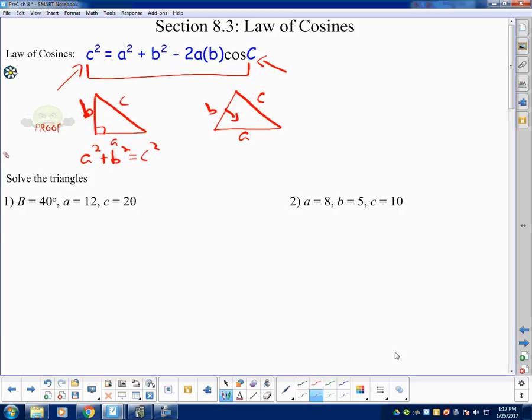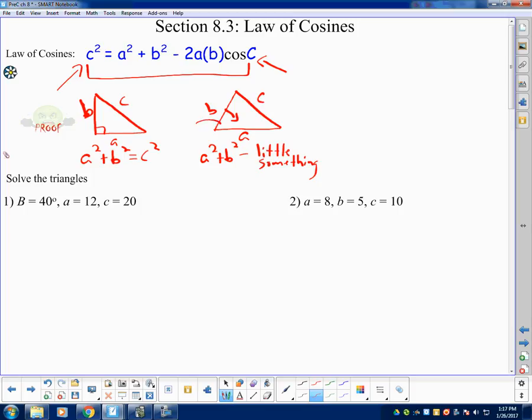So it's kind of like taking A squared plus B squared, but now we're taking off a little something. So it's minus a little something here. And that little something is represented by that term 2ab cosine C.